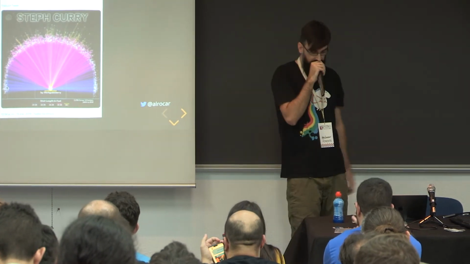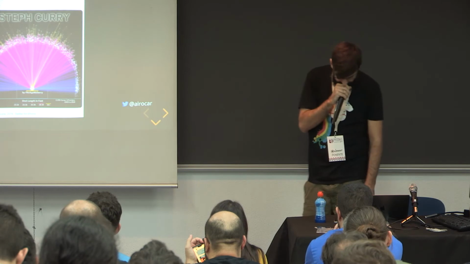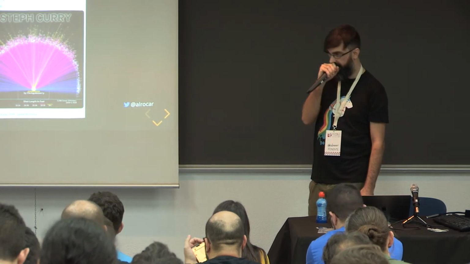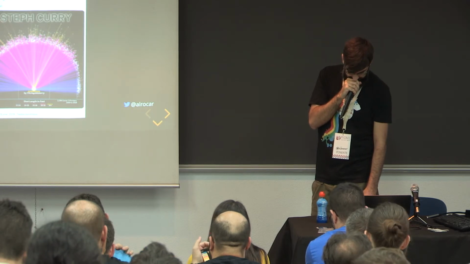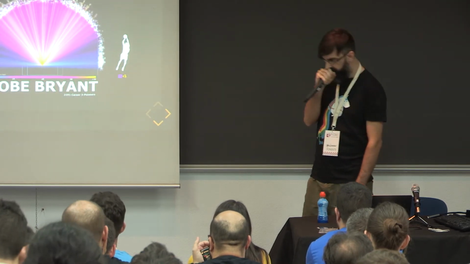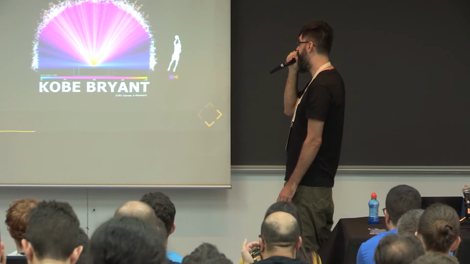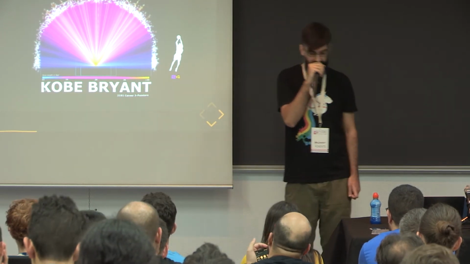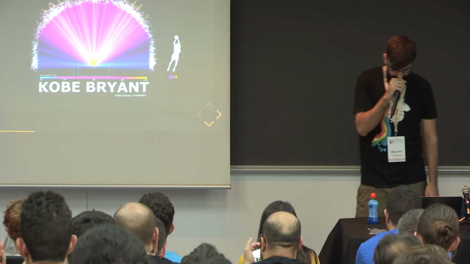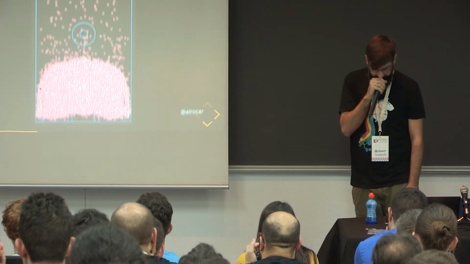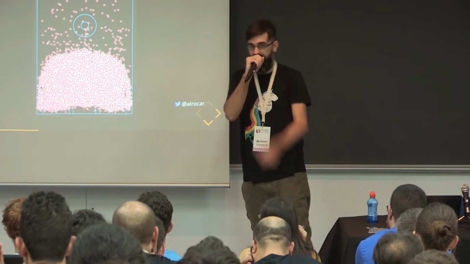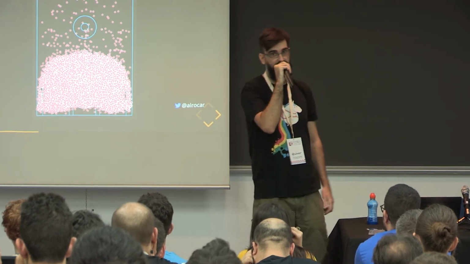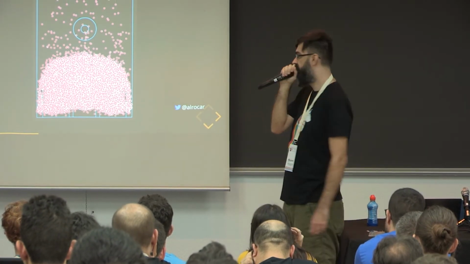So I looked at this one day on Twitter, and I thought, I have to replicate this. This is what I made. It's the same thing, but for Kobe Bryant, my favorite player. And I'm going to tell you how this works. I'm not going to show you the code. I'm going to show you the process, which is the important thing.